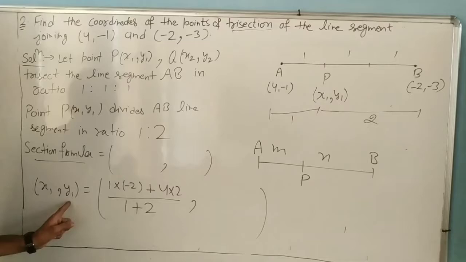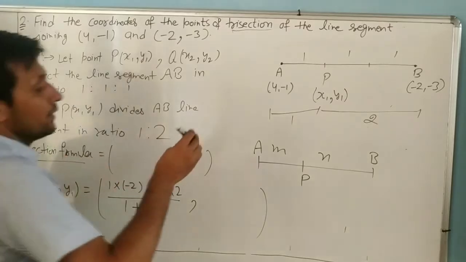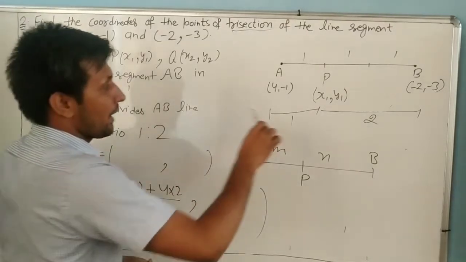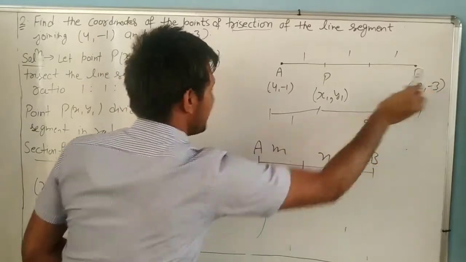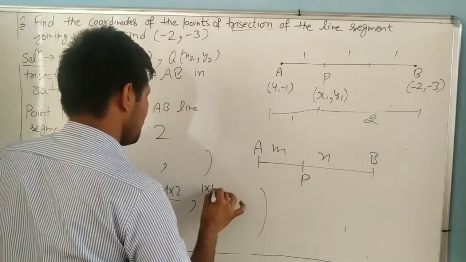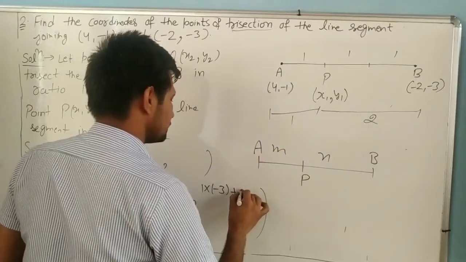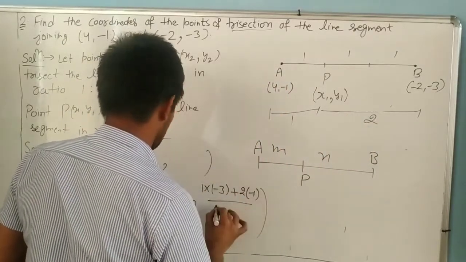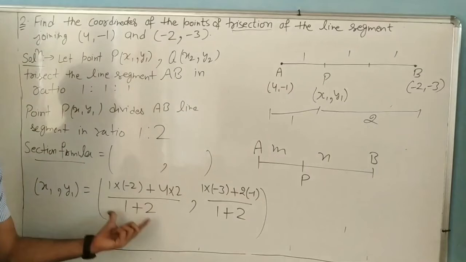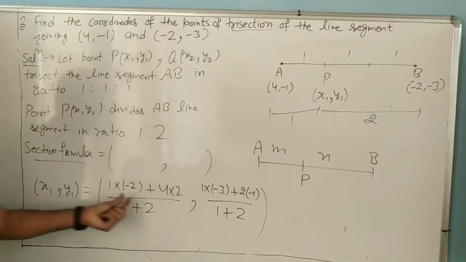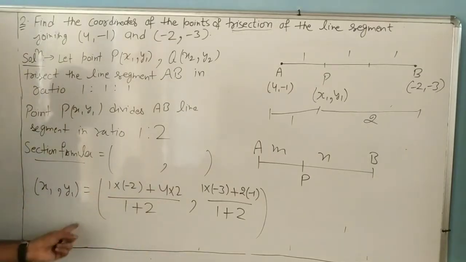Now the y coordinate: 1 into minus 3 plus 2 into minus 1, divided by 1 plus 2. Can you find the x and y values from here? Solve it yourself. It is the coordinate of P.